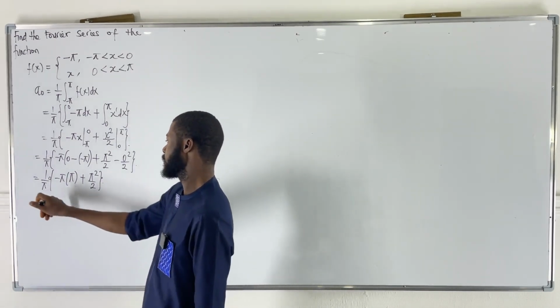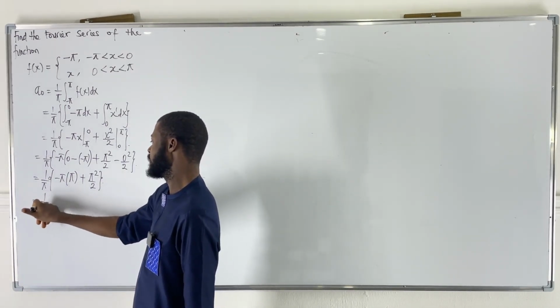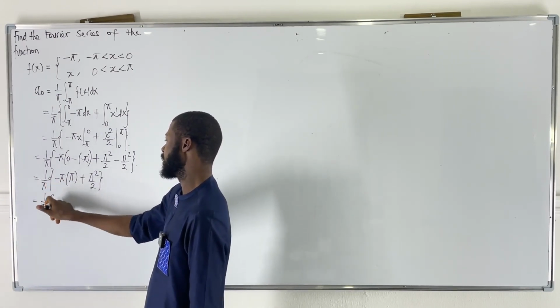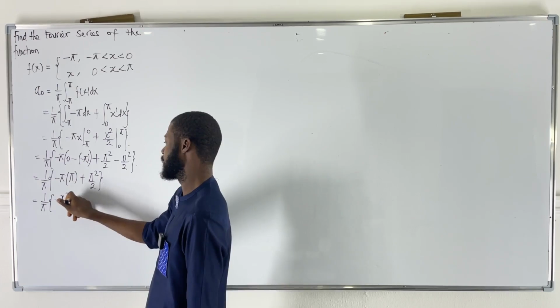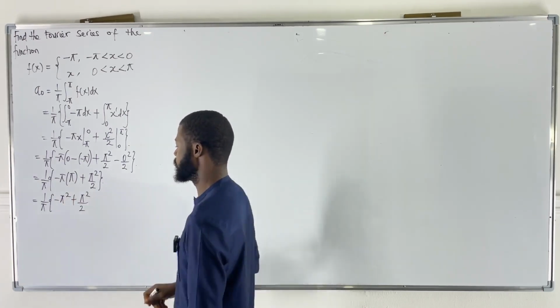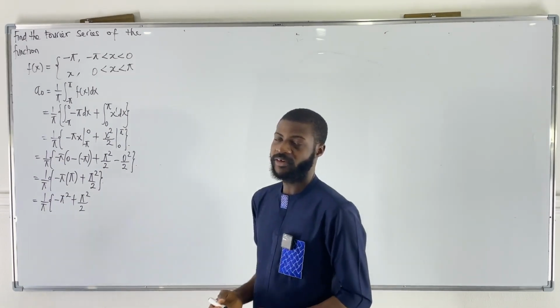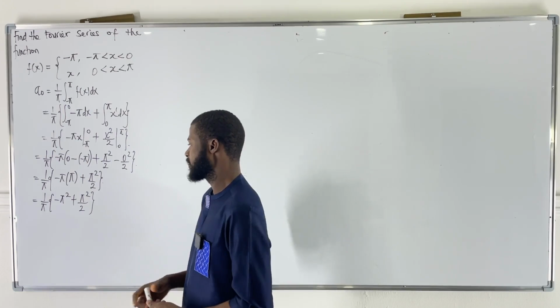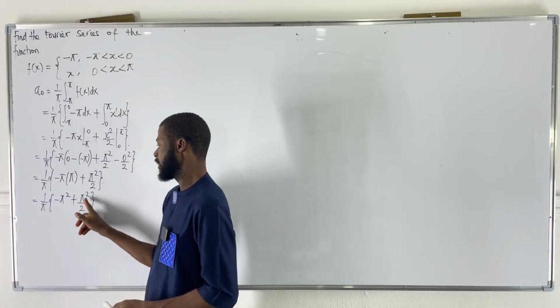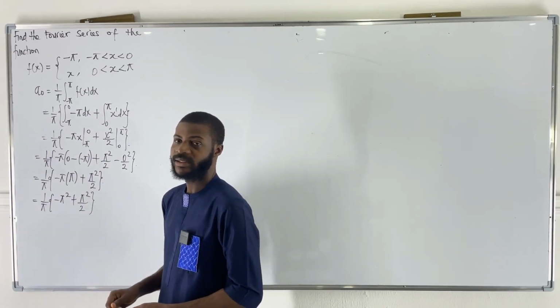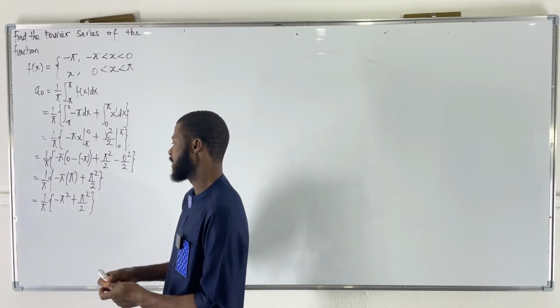Let's proceed. Now this will be 1 over pi into minus pi squared plus pi squared over 2. Now, that's not a difficult thing to add up. But first off, since I have pi squared here and pi squared here, I can just bring out pi squared.